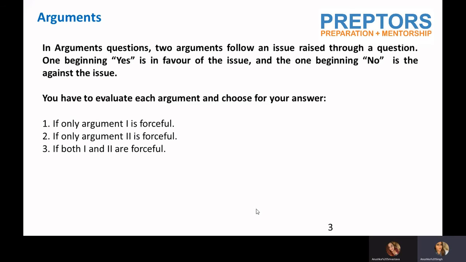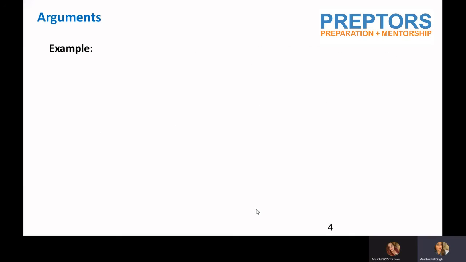Likewise, you will mark option number 3 if you feel both arguments 1 and 2 are forceful. And you will mark 4 if you feel neither the first nor the second argument is forceful. So 1 is for 1, 2 is for 2, 3 is for both, and 4 is for neither, which means none. Now let us see what makes a forceful argument, but before that we will see an example.